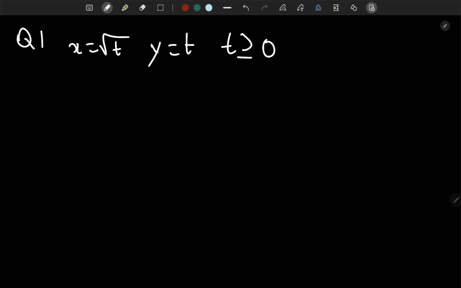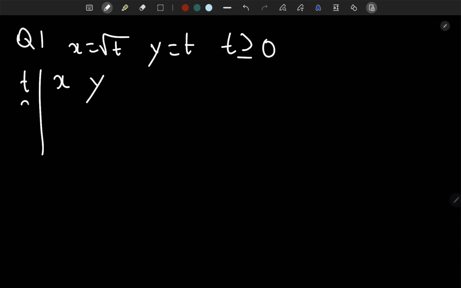So our first question, we have x is equal to radical t, and then we have y is equal to t, and we have a limit on t, which is t is always more than or equal to 0. So now the first step is to graph this. Let's take some points for t, x, and y.